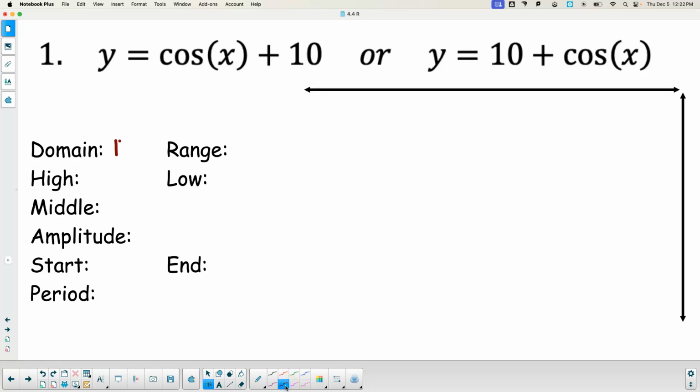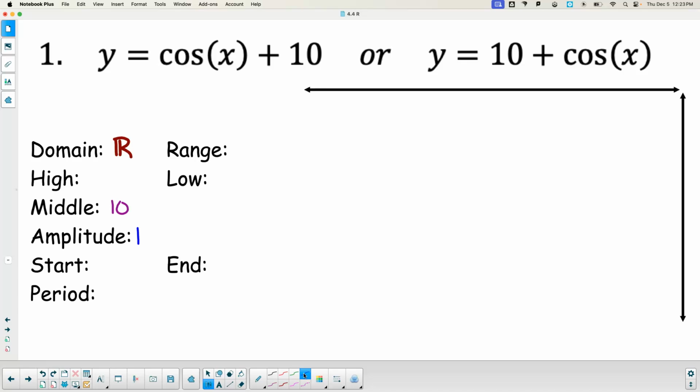So, my domain, always going to be locked in at all real numbers. Where is my middle now? It's at 10. What is my amplitude of this one? 1. So you start at the middle. Amplitude plus gets you up to the high point.